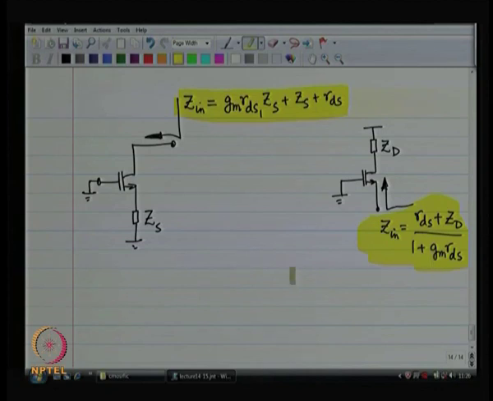So, these two formulae are all important. So, keep these two in mind.